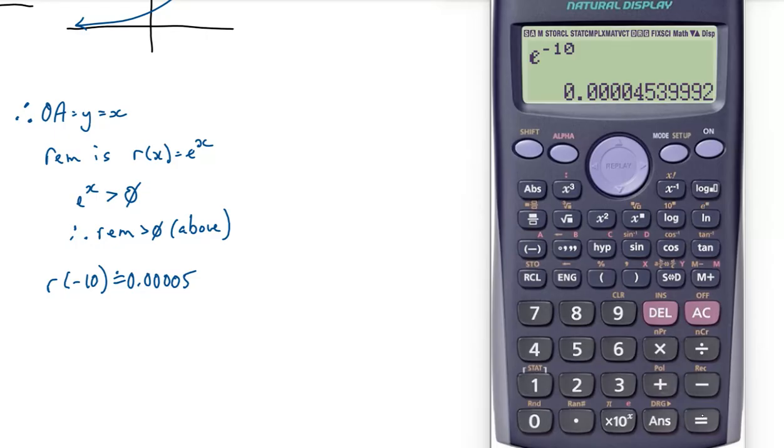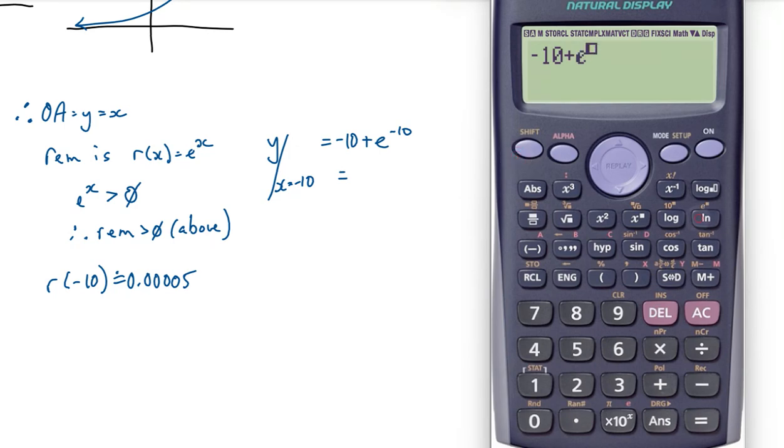What's the other way? I don't prefer this way just because I think it's more work, but you could do it this way. I'm going to choose negative 10 again, and I'm going to sub it into the original function. This is probably not something that we've really used as a strategy because it tends to be more complicated.